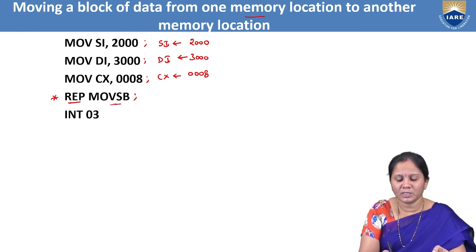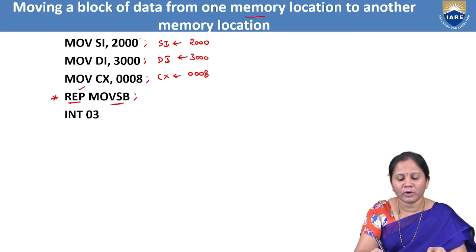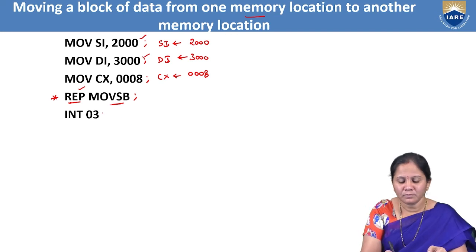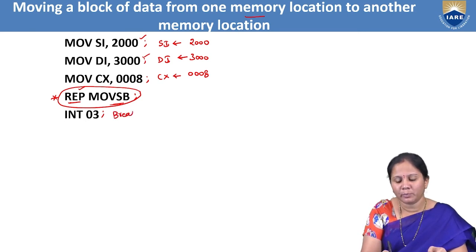So MOVSB is the string instruction, and we have used the REP instruction as a prefix to this MOVSB instruction. So when this is executed, a whole block of data will be moved from one location to another, that is from the 2000 location to the 3000 location. Only one instruction, and this instruction is very important. So INT 03 means breakpoint of the program.